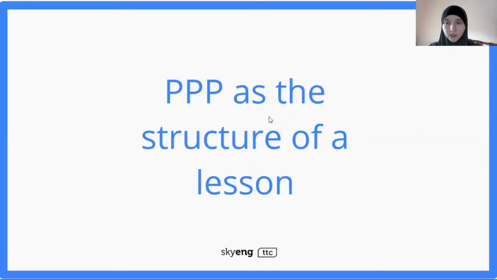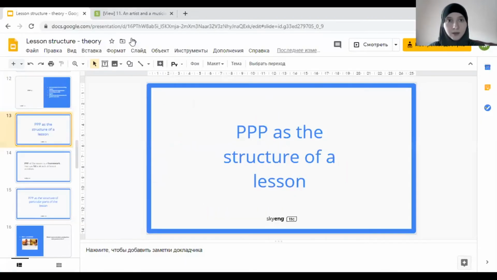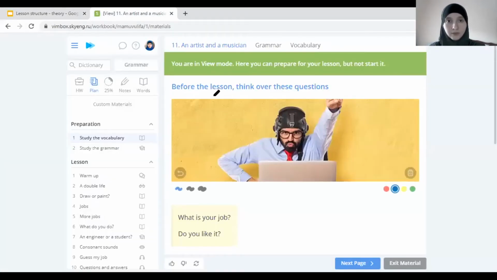Now, talking about our platform. So now let's take a look at PPP as a structure of the whole lesson. And for that, I would like to open our amazing platform, general course, elementary level, lesson number 11, an artist and a musician. And you need to keep in mind that our presentation is always somehow connected to the main goals of the lesson.